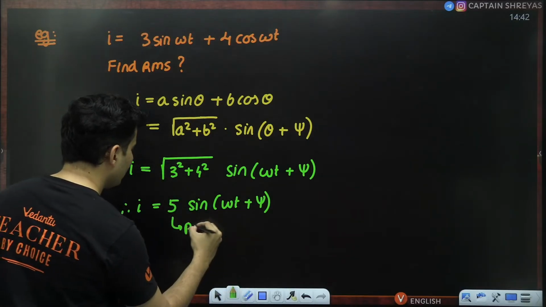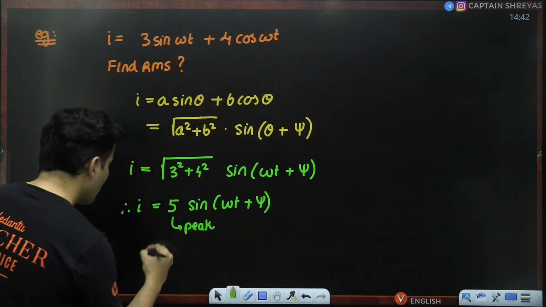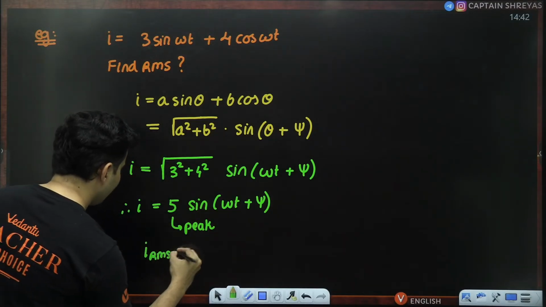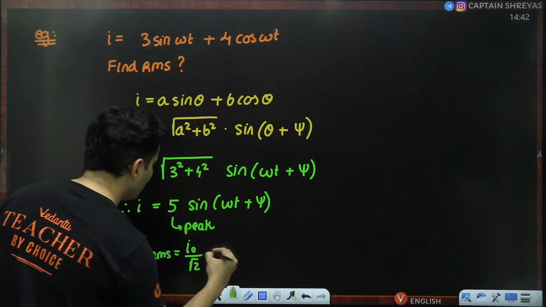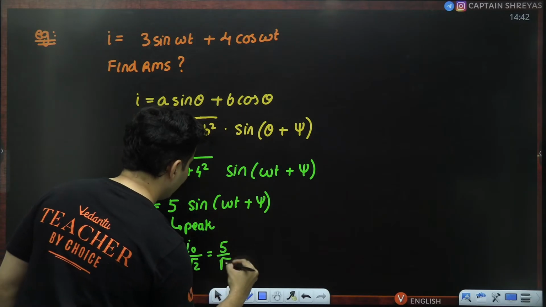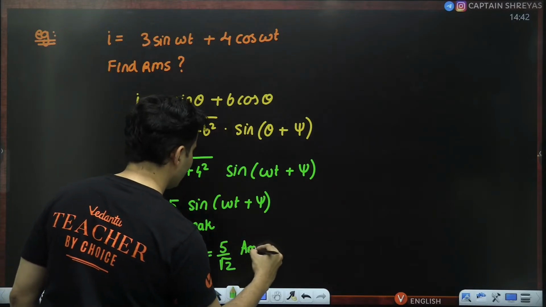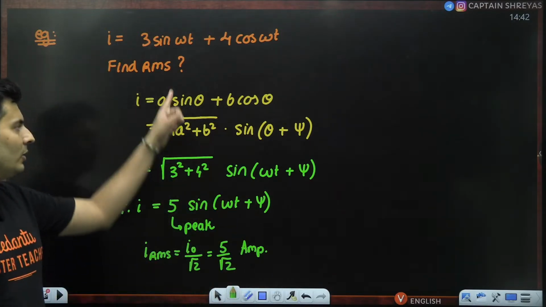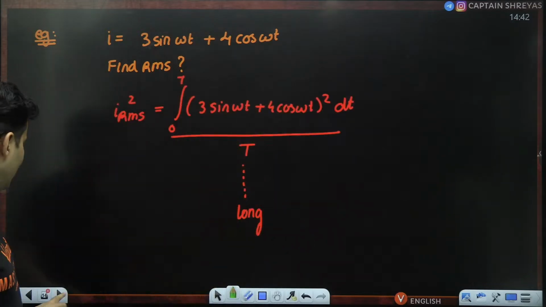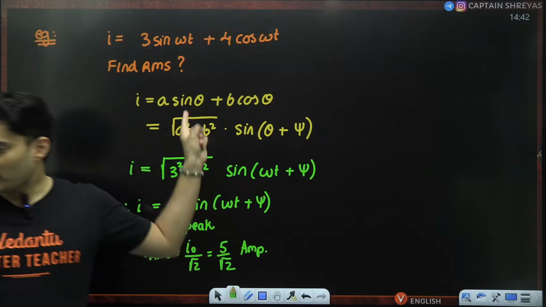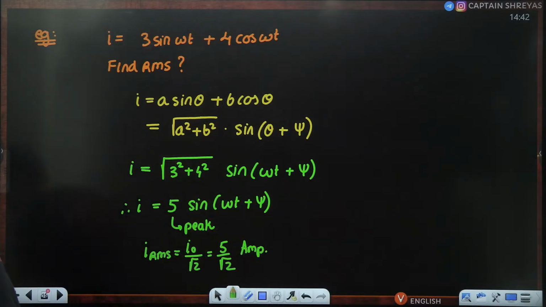This is the maximum or the peak value. Therefore, the RMS value will be the peak divided by root 2. So it will be 5 divided by root 2 amperes. That is the answer. Directly you can do this, and we have avoided all the long integration and all that nonsense. Very simple and easy stuff.